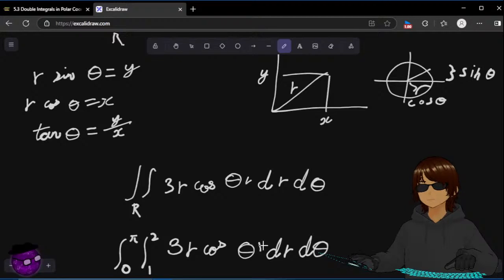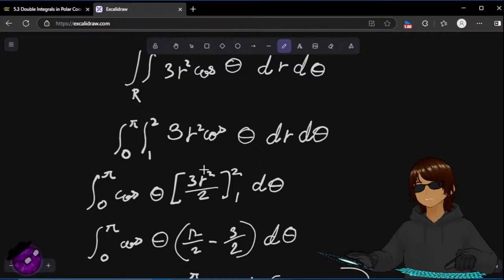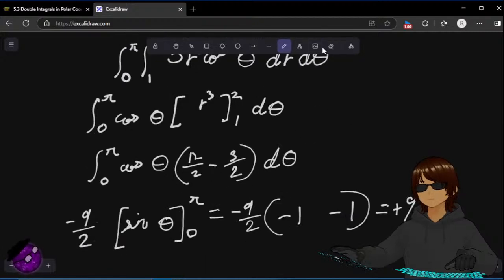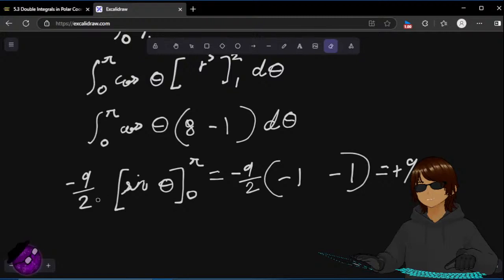How did I miss that? So then this becomes squared, and then this will become cubed, which will cancel out the 3. 8 minus 1. And we are left with 9, positive 9.